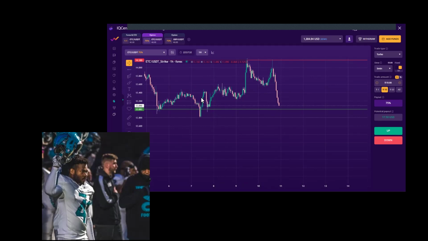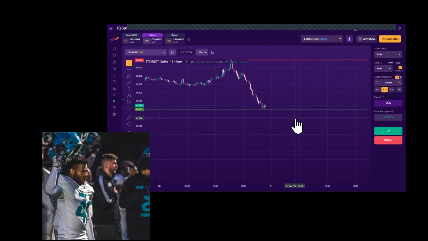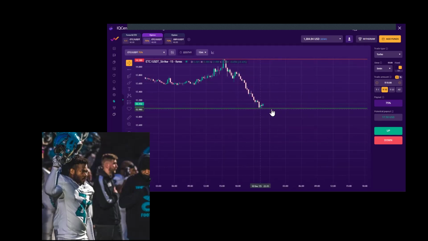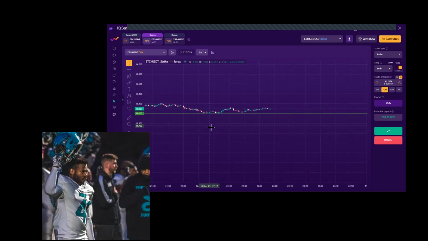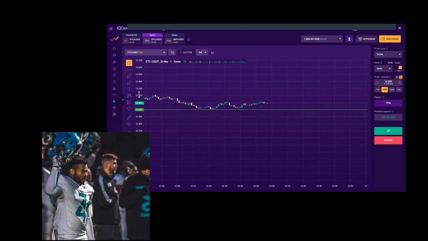Okay, in the 15 minutes it did touch it and it's making its way up. I think I'm gonna get the jump on it. And when I put my entries in, I like to get in on the 1 minute. That way I can have the most accurate entry.